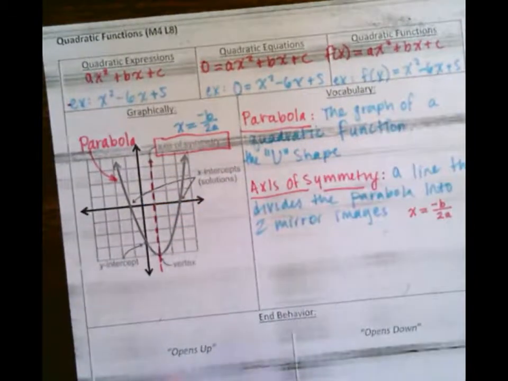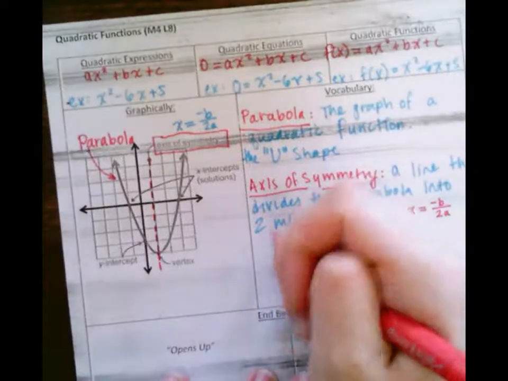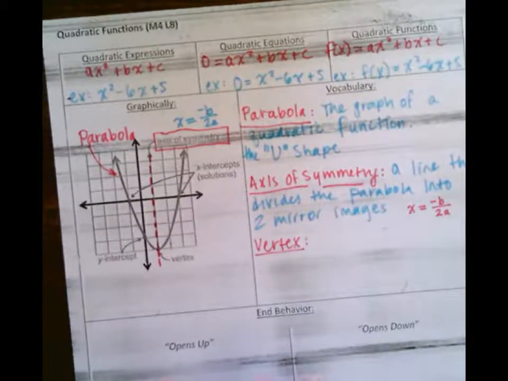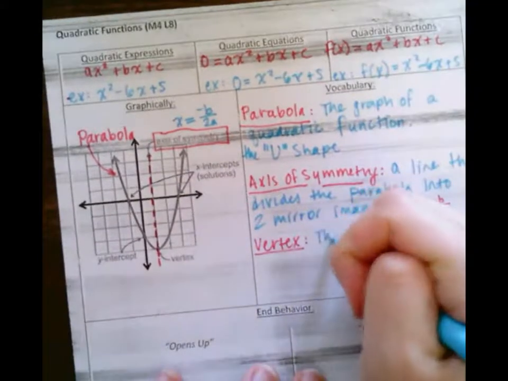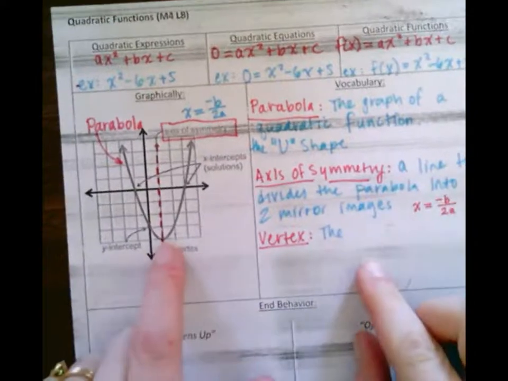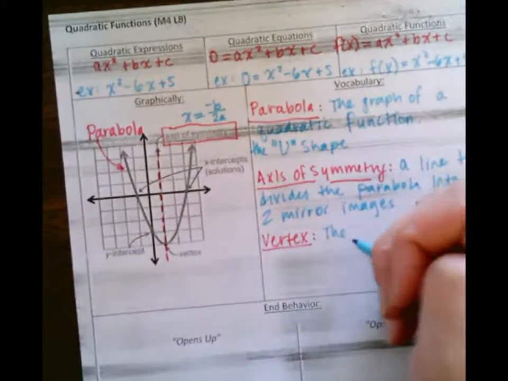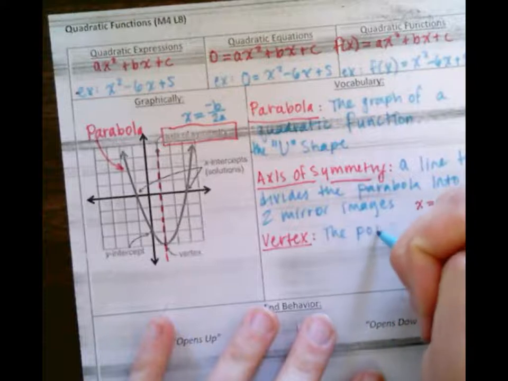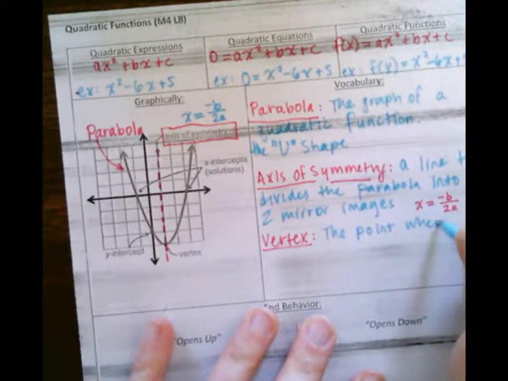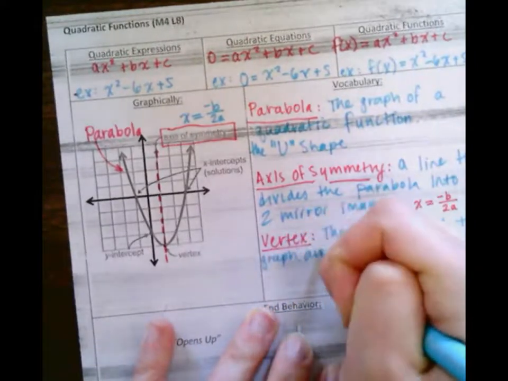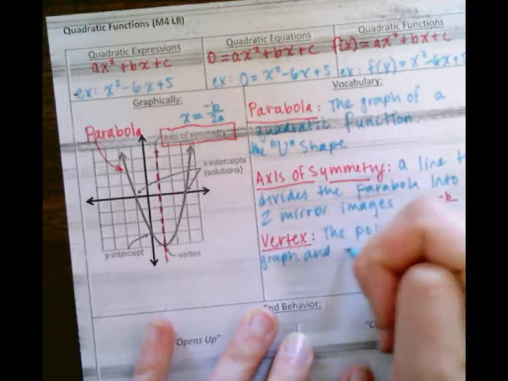One more definition for you, and that is for the vertex. The vertex is the point. Generally it's this center point on our graph, but we have a more formal definition, which is the point where the graph and the axis of symmetry intersect.